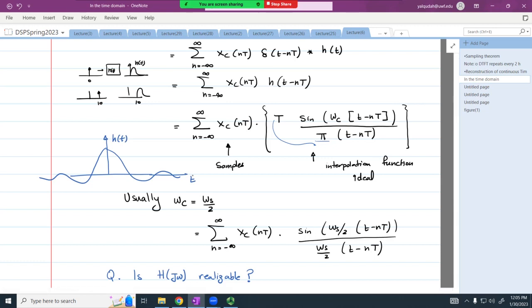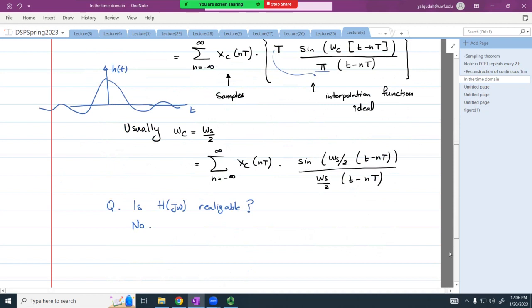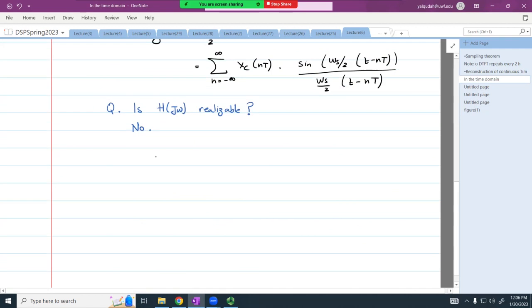What does causal mean again? The output cannot happen before the input. This is the impulse response. The impulse is right here, and there's already an output here. So this is not causal. Okay.